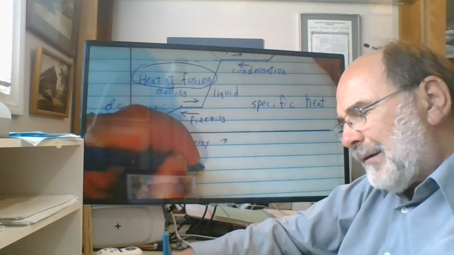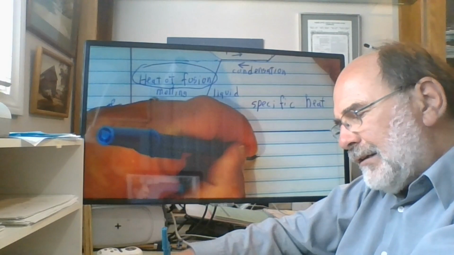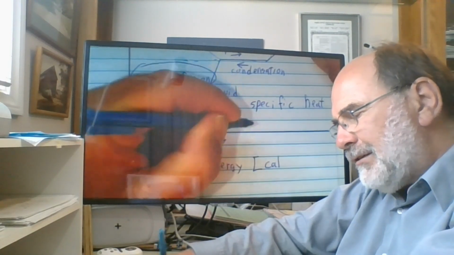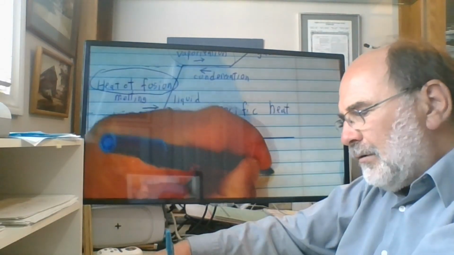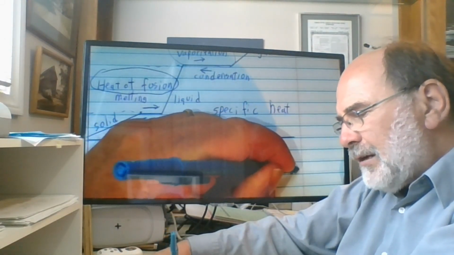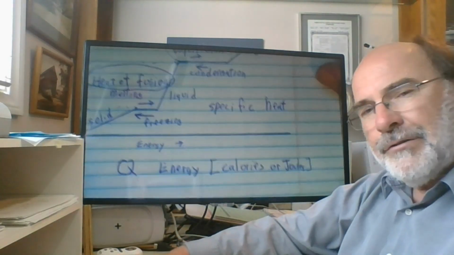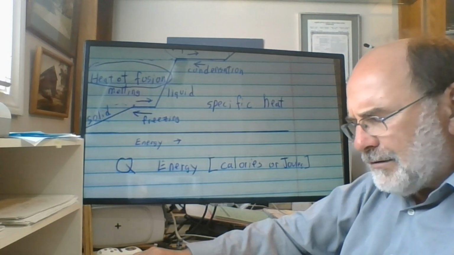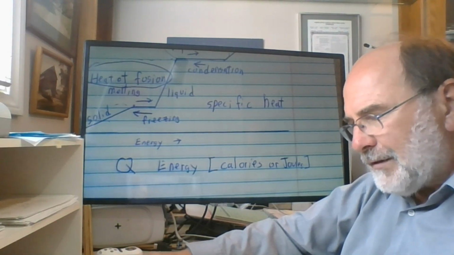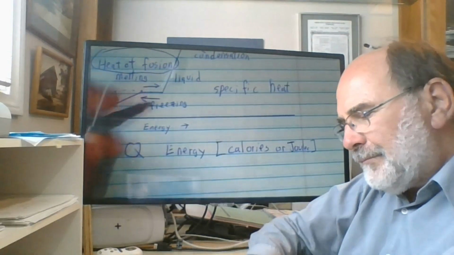Q is the amount of energy that a substance has. And the units are either calories, as in chemistry class, or joules, as in physics class. So it could be in either one of those units, and there is a conversion that goes back and forth thanks to the son of a beer brewer. All right, so Q is the equation for energy.